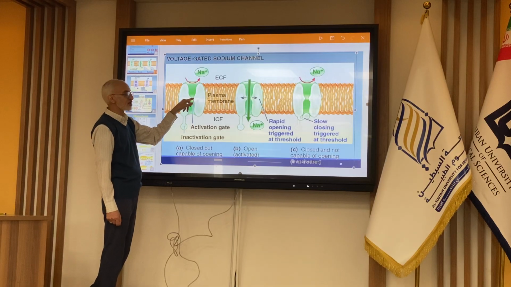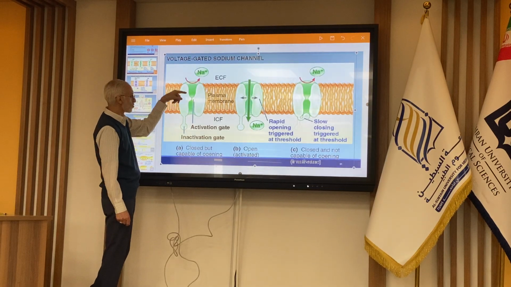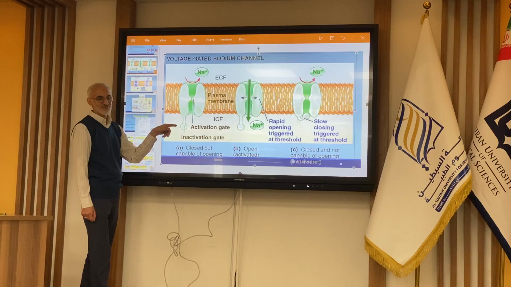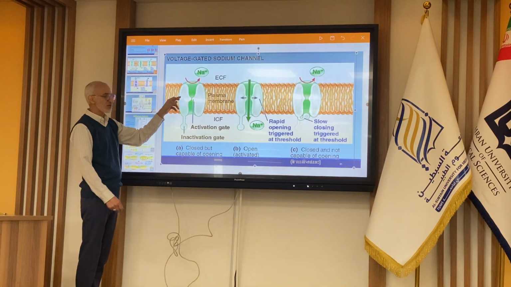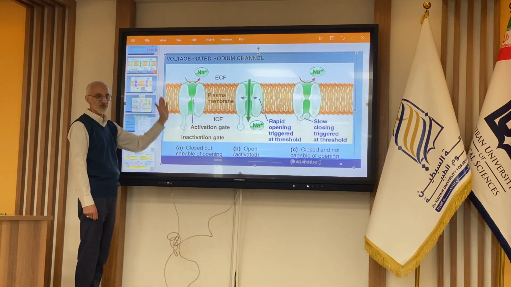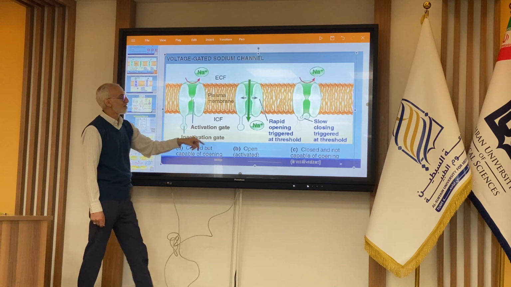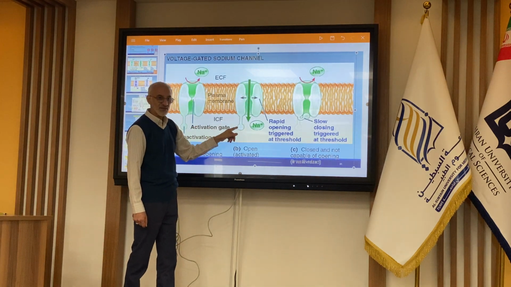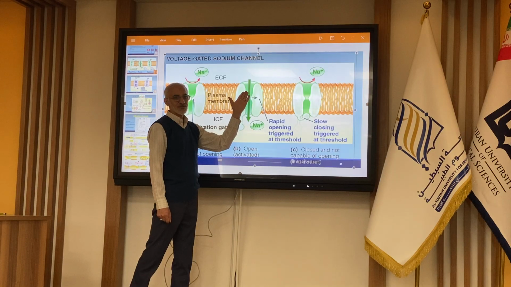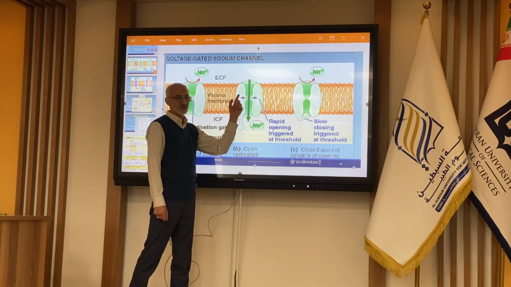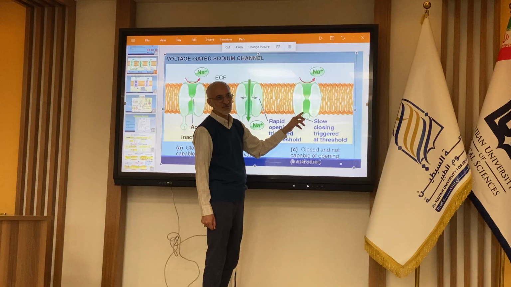When the activation gate is closed in the resting state, they don't see each other. There is no effect. But after opening of the activation gate by changing voltage, this amino acid ring can see the inactivation gate. The inactivation gate goes toward this ring, so it closes the channel.